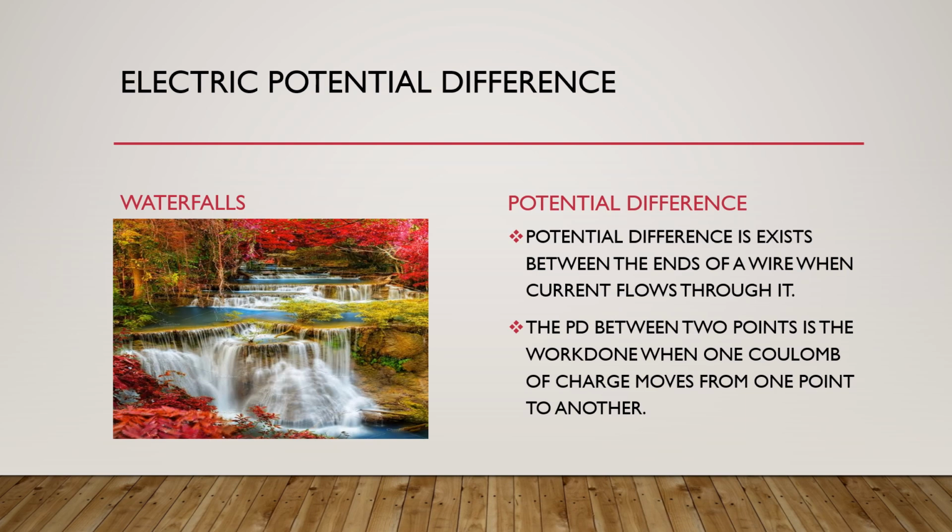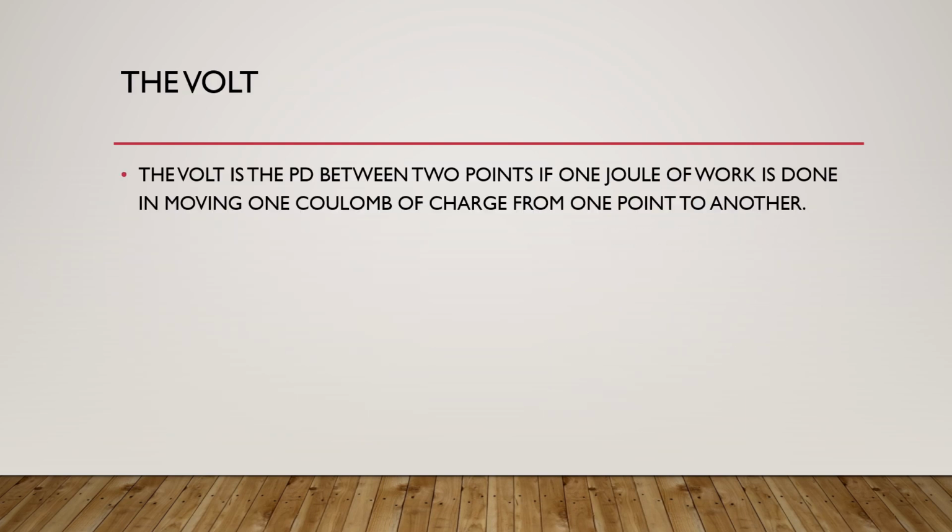And the potential difference between those 2 points is the work done when 1 coulomb of charge moves from one point to another. The unit of potential difference is the volt, and the volt is defined as the potential difference between 2 points if 1 joule of work is done in moving 1 coulomb of charge from one point to another.